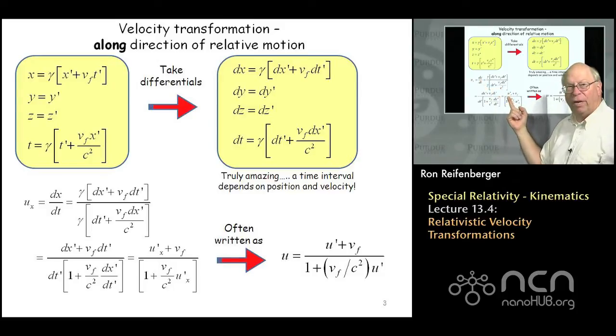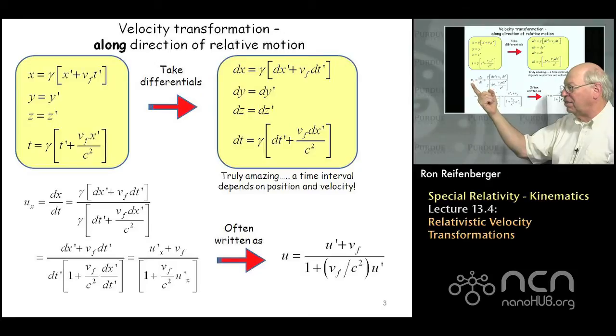If you tell me the component of the velocity that the observer in the primed frame measures, u sub x prime, and that primed frame is moving at a velocity v sub f with respect to the unprimed reference frame S, then the velocity in the x direction that the observer in the S frame measures is going to be given by this ratio.